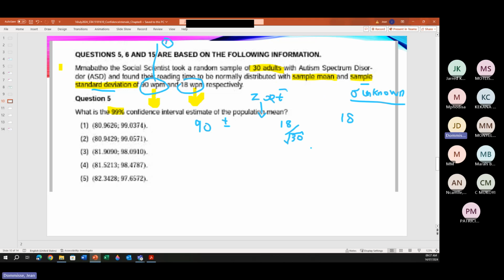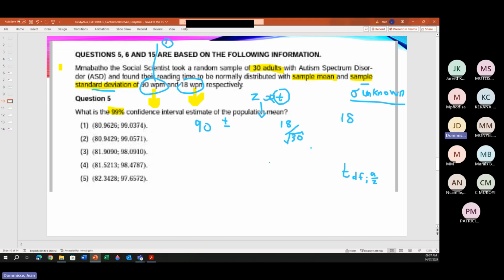Unknown, we will use T. So now we need to look at a few things. We need to define T as your degrees of freedom, and we will need to get a confidence around that, or use the confidence interval.